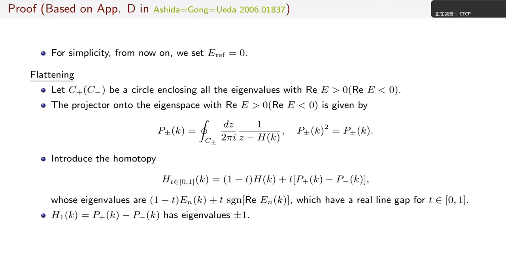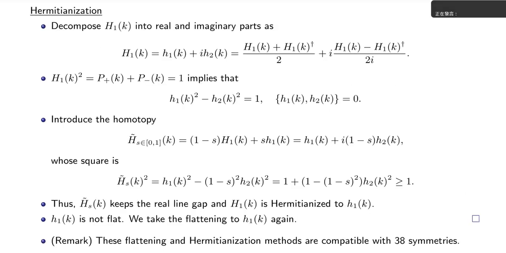Like this. The next step is Hermitianization. By using the decomposition into Hermitian part and anti-Hermitian part, then because this is a flattened Hamiltonian, H1 and H2 satisfy this relation.